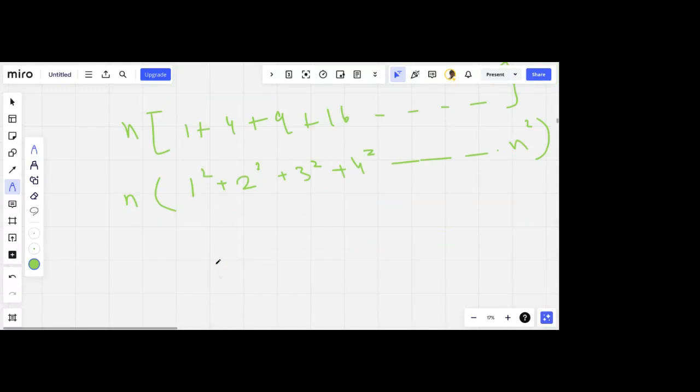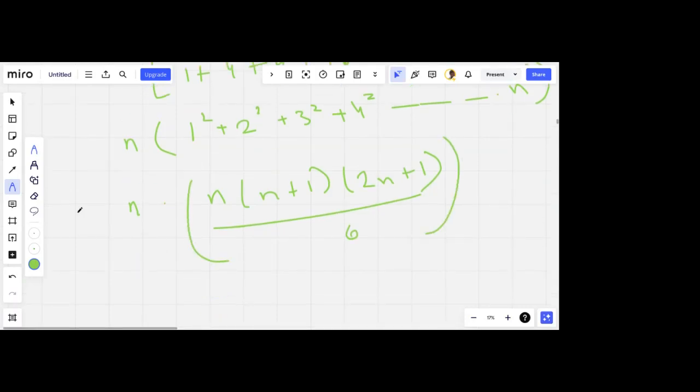Now, guys, do you know the formula for this? I already showed you at one place, but I didn't tell you this is the formula. The formula is n into n plus 1 into 2n plus 1 by 6.